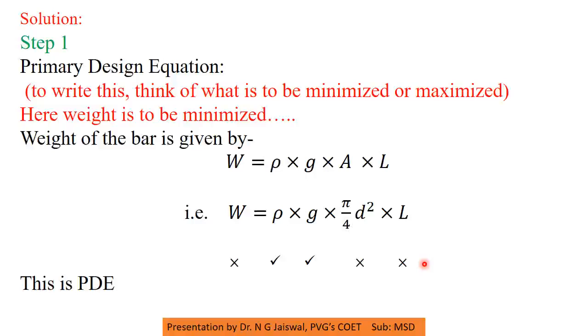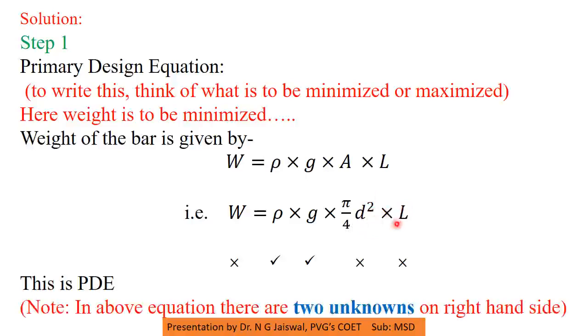Our further entire task will be to replace these unknowns, d square and L, in terms of some known parameters. So again, a note is written. In the above equation, there are two unknowns on the right hand side.